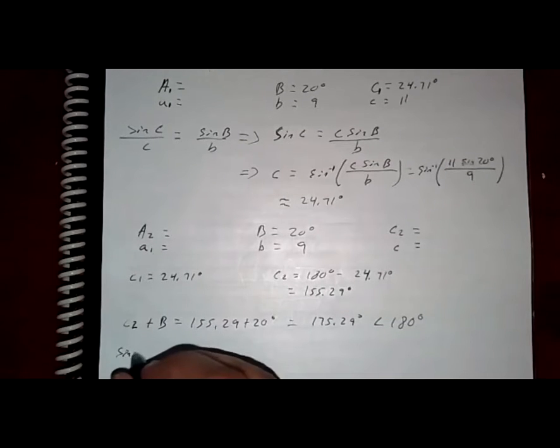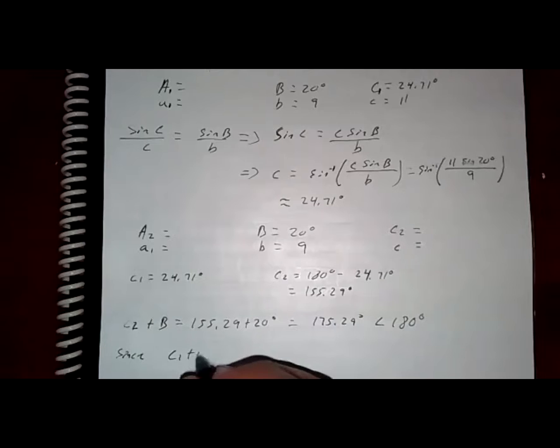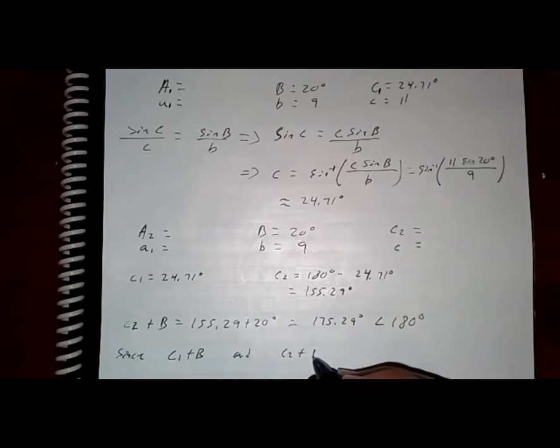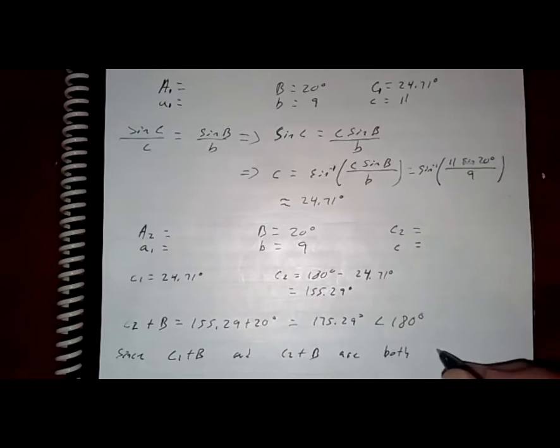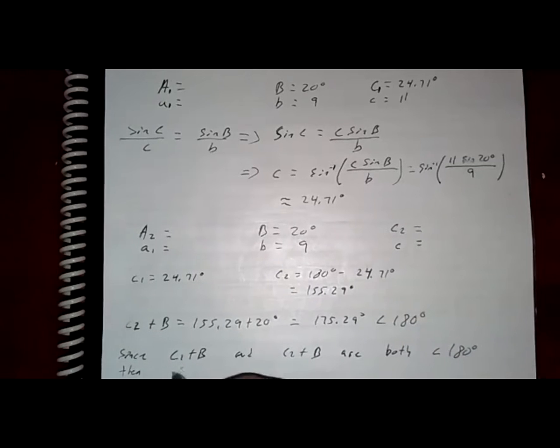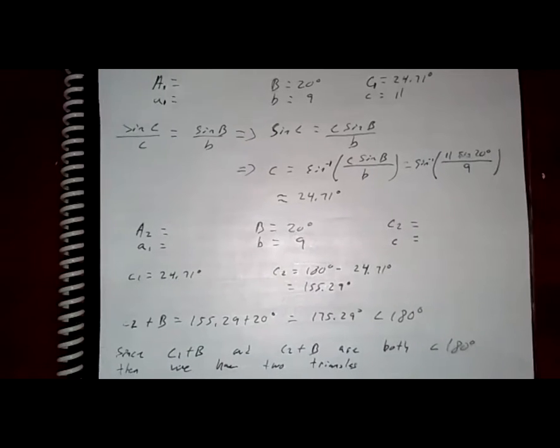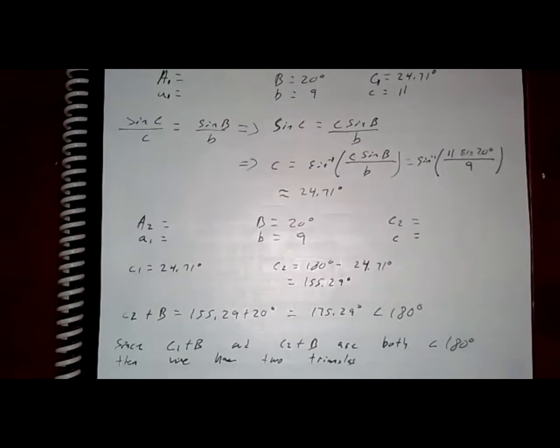So since C1 plus B and C2 plus B are both less than 180, then we have two triangles. So this is the annoying situation.